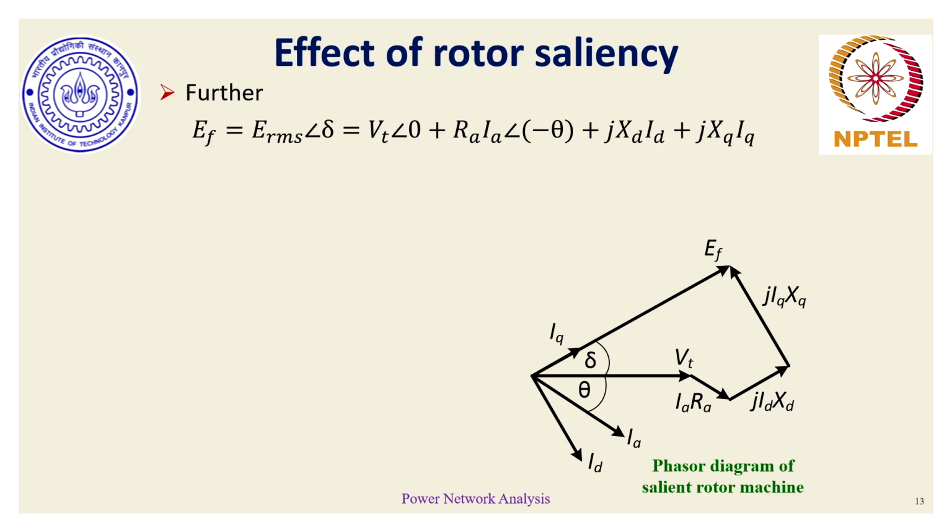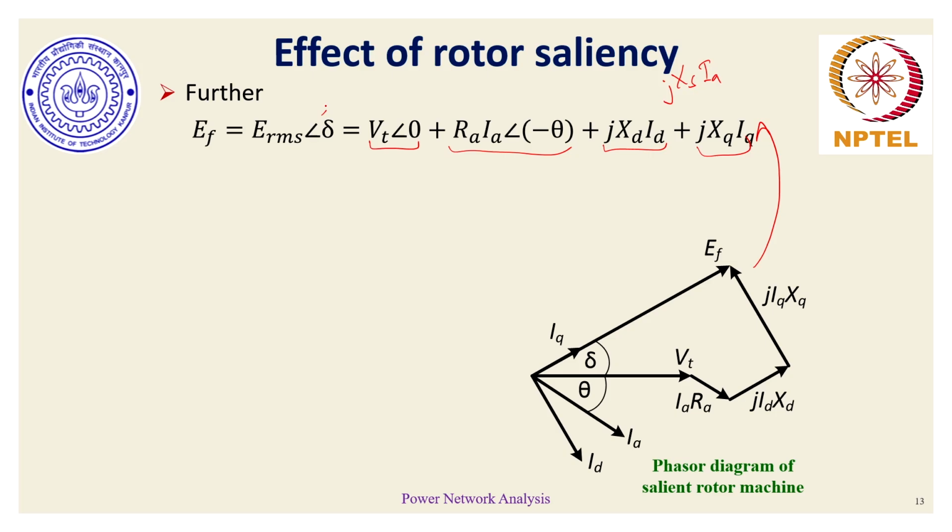So if we have to write an equation which mathematically represents this phasor diagram, then this is what the corresponding equation looks like. The first two terms remain similar to the terms in the cylindrical pole machine. The last two terms are a replacement of JXS IA in the cylindrical pole machine, and the induced EMF is leading the terminal voltage for a generator.